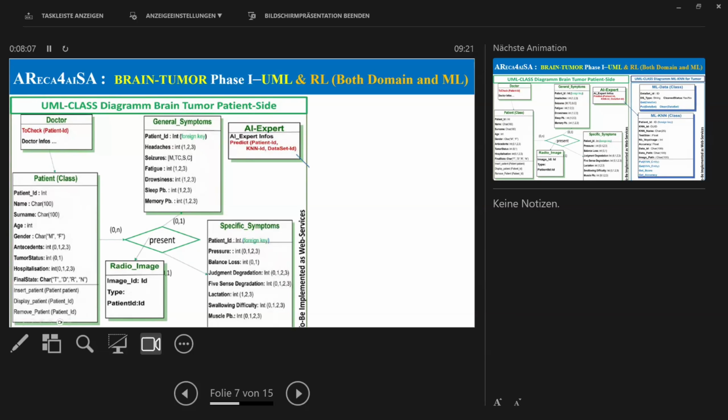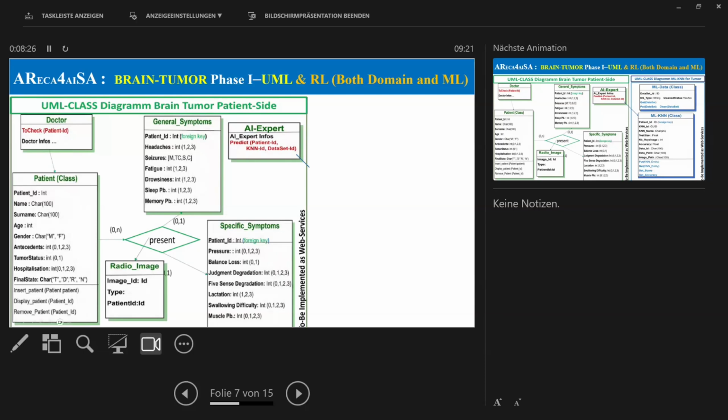And we have the radio image, to check if there is deficiency. This is the usual model-based side that we have been doing all these 20, 30 years.